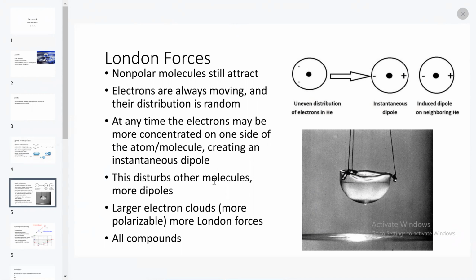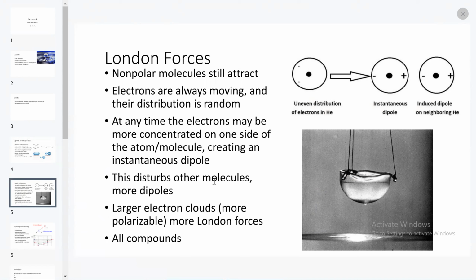So compounds that are made solely of carbon and hydrogen, what are called the pure hydrocarbons, don't exhibit dipole forces. So for example, gasoline is an example. However, gasoline still sticks together. The molecules in gasoline will still stick together.